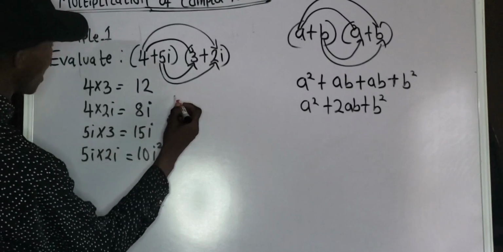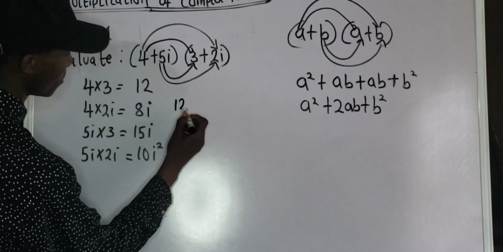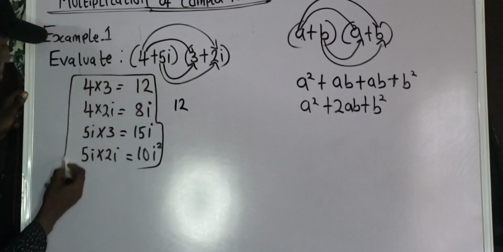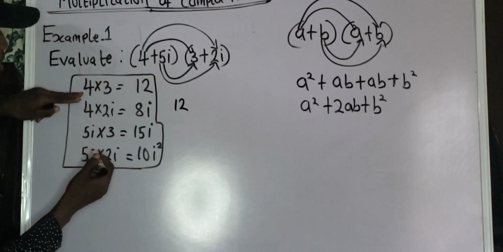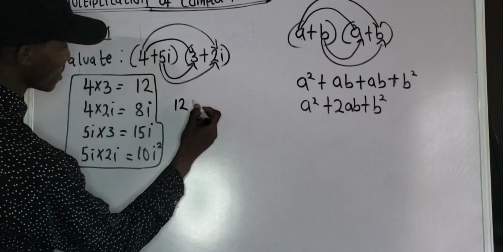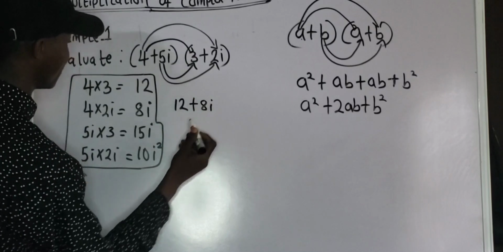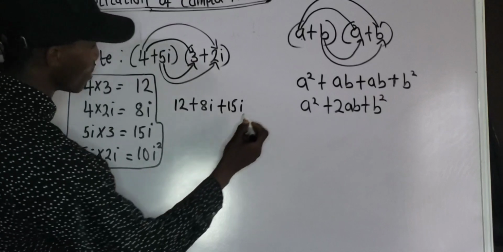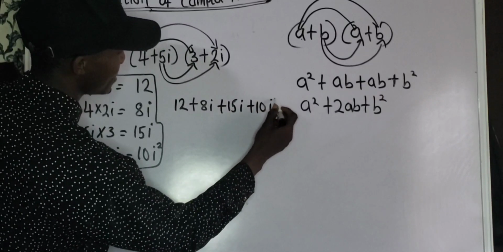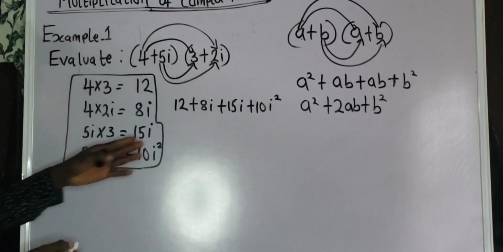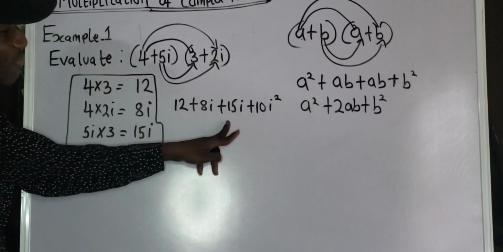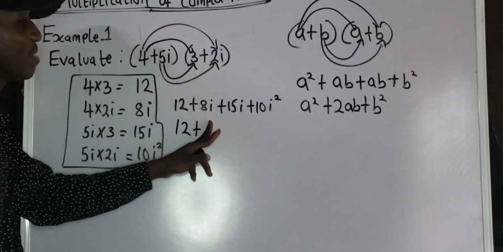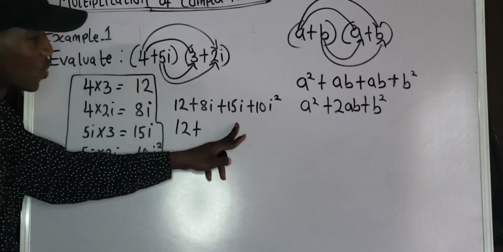So for this, I'm going to have 12. Let me bracket this so that you won't be confused. Okay, for this, I'm going to have 12 plus 8i plus 15i plus 10i squared. Do you understand? Let us proceed. 8i plus 15i will give us 23i.